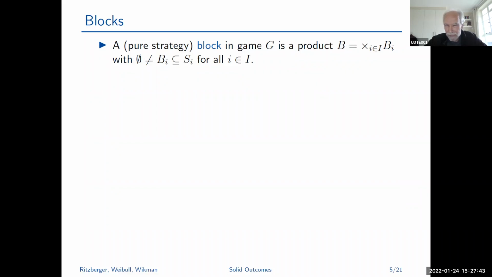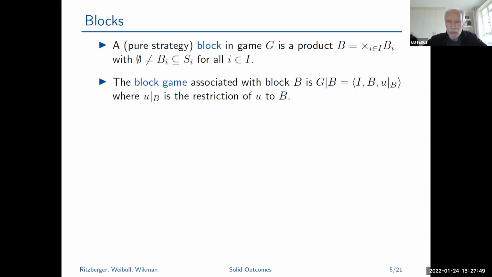That's a block, okay? And of course, once I have a block, I can associate with it the block game, in which all the players are restricted to play in their factors of the block, and the payoff function is restricted to the block. That gives me the block game.